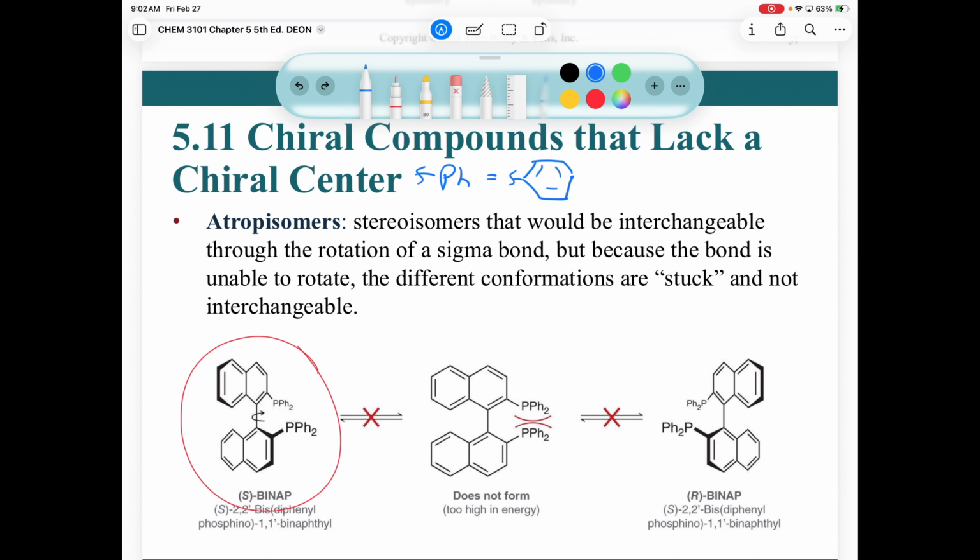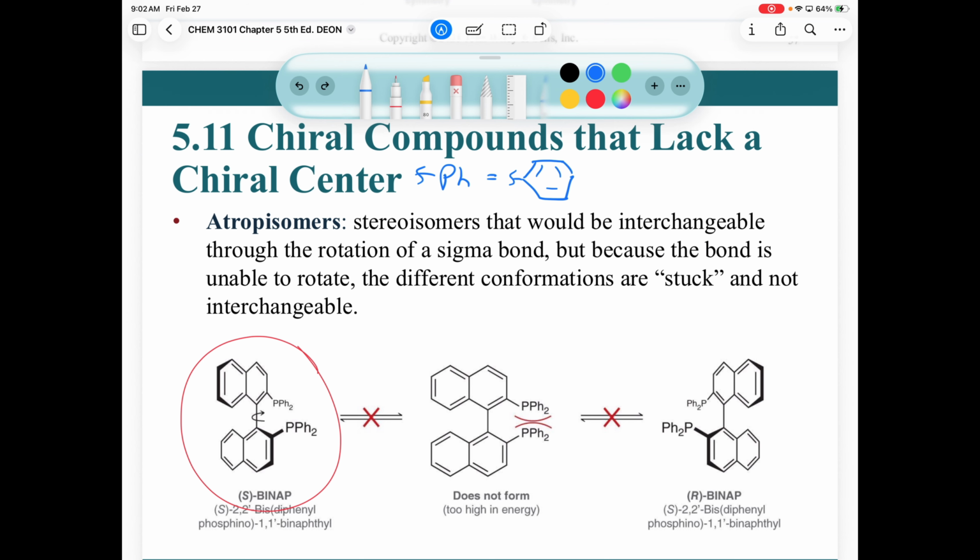Thus, if you make a model of this compound, since those phenyl groups are so big, you try to rotate it, you try to flip it around that axis. See the little arrow spinning? You try to rotate and it can't do it. It won't happen. If you have the mirror image down there, the R, it's the same thing. You try to rotate it to get it to cross over, and it can't.